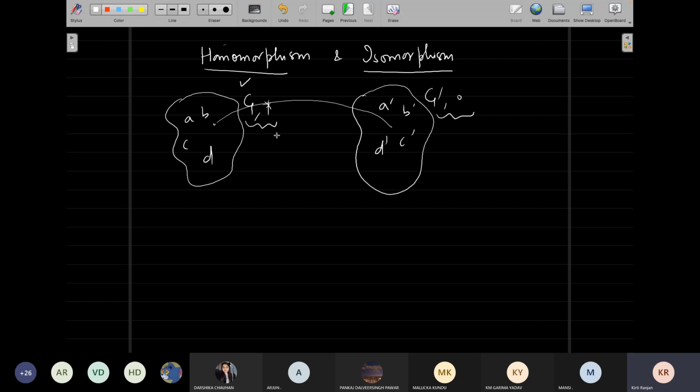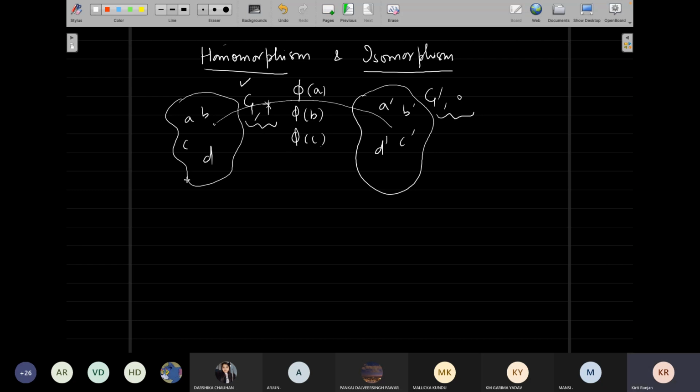And just for the sake of convenience, I'm writing A prime, B prime, C prime, D prime. It is as if I have a map which will take an element of group G to an element of the group G prime. So I can think about phi A, phi B, phi C as the map which will take me from group G to group G prime.